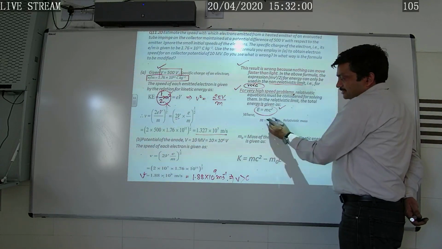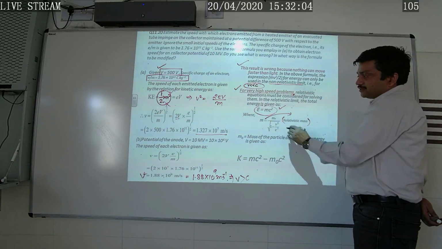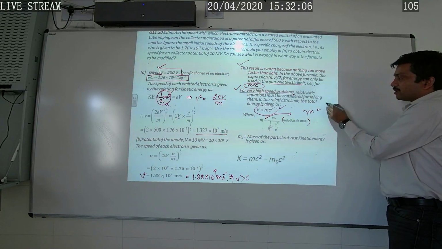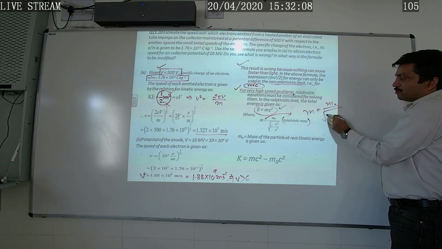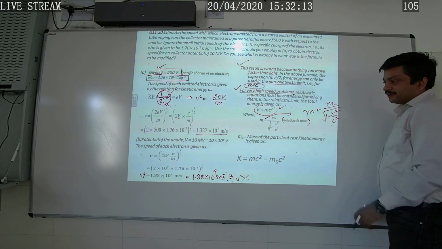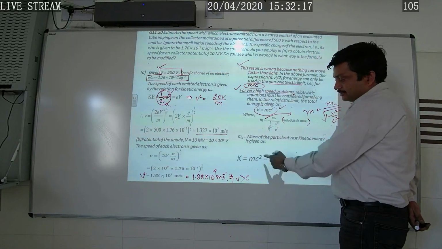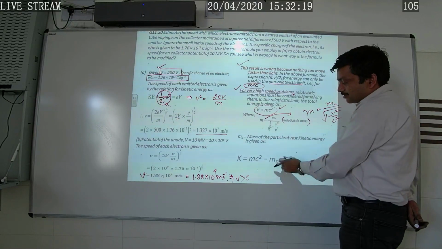Here m is called the relativistic mass, and the relativistic mass has the formula m naught by square root of 1 minus v square by c square. Further, the change in kinetic energy will be given by mc square minus m naught c square.